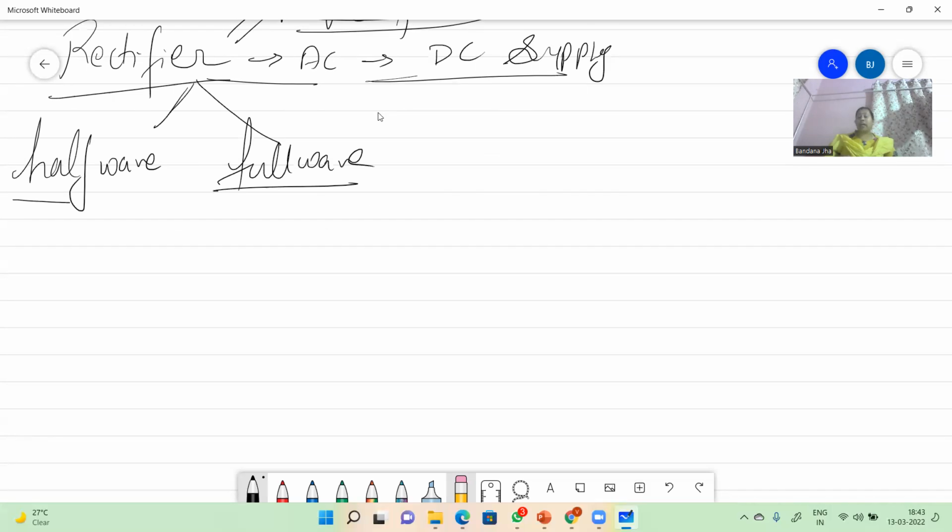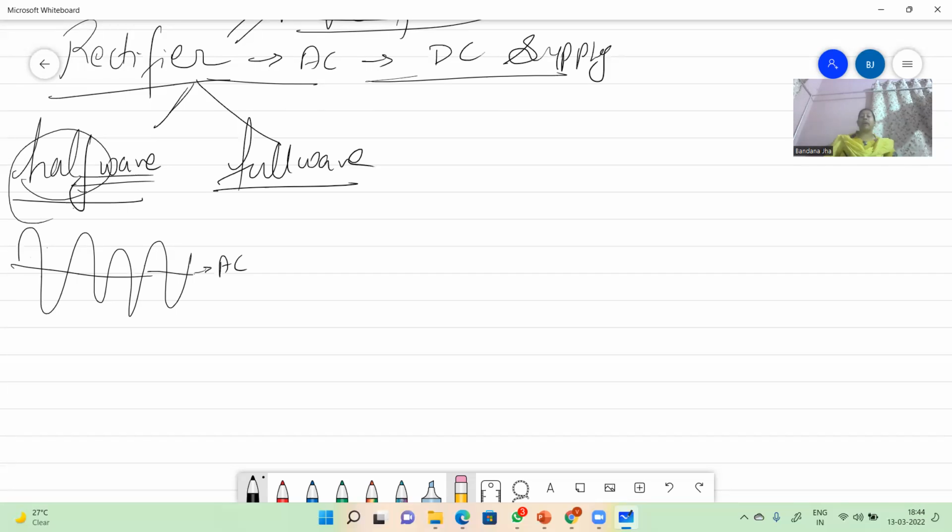Very easy to understand. Half means what? If this is my AC supply, at our home AC supply comes. If this is my AC wave, in half wave rectifier the DC is what?